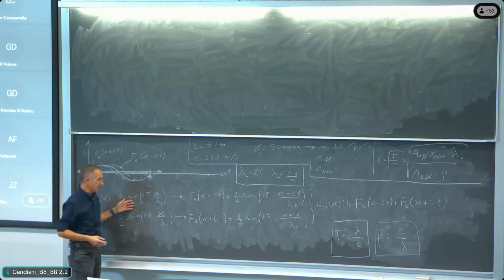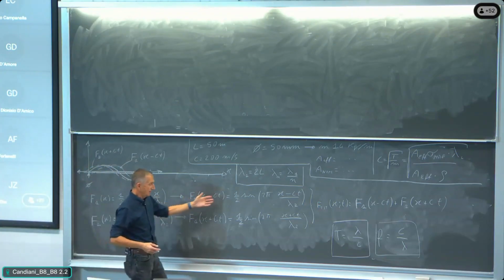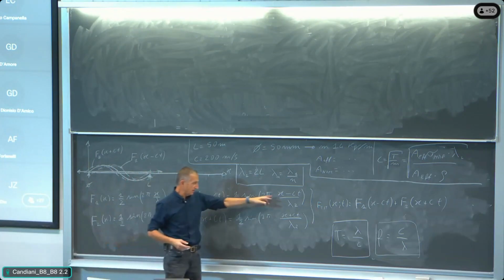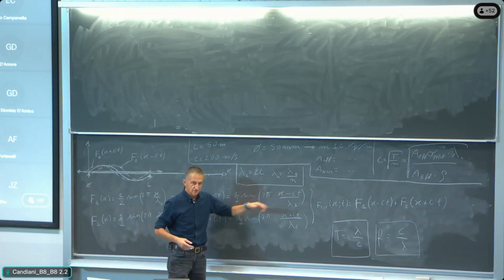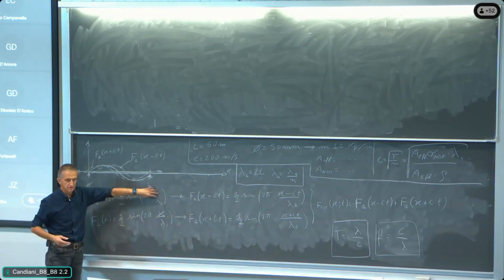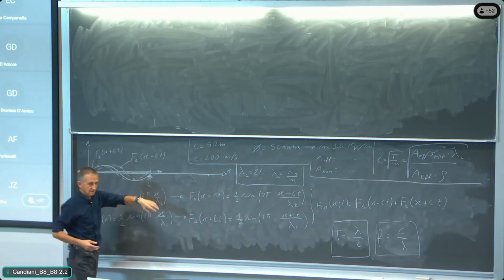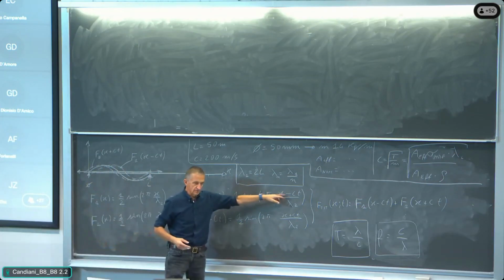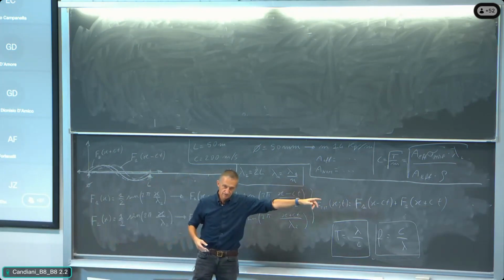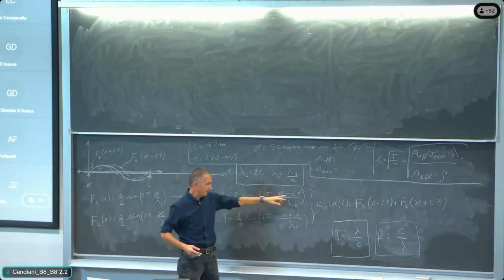In order to make that, we are just putting into the solution not just x, but x minus ct. So the same function, where we are substituting instead of x the quantity x minus ct, is becoming the same propagative function that is sliding into the positive direction with a velocity c.